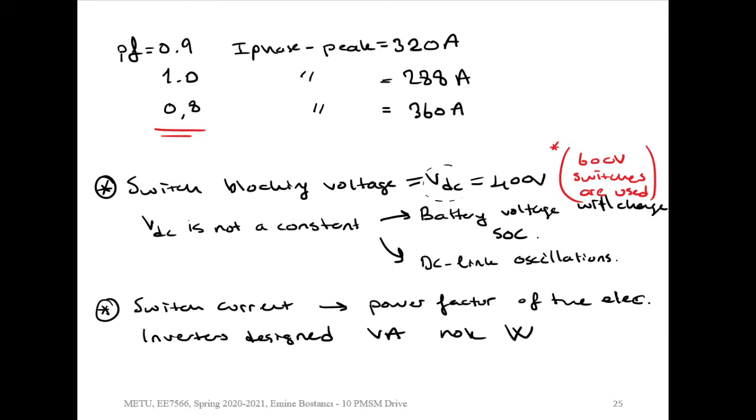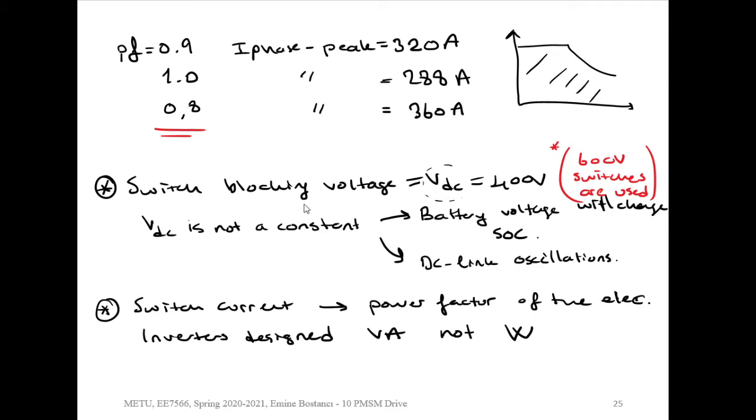So it means that we need to find out how much current the switches should carry based on the characteristics of the electric machine. So you need to check it throughout the operating region, all the power factors and the current required, and also you need to design your inverter based on the blocking voltage. And by doing so, you can select your switches.